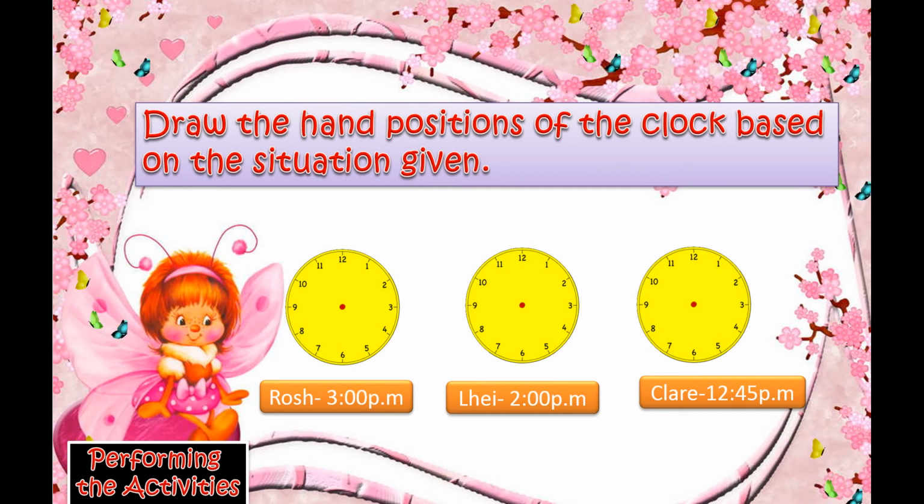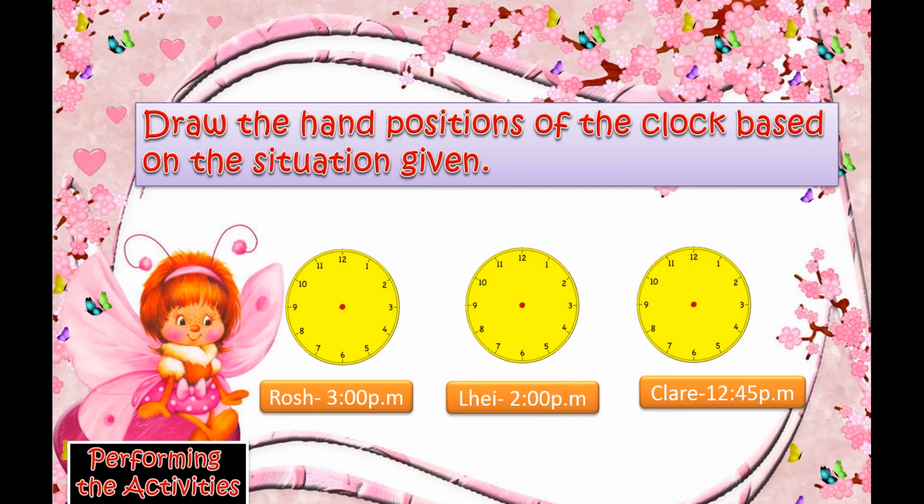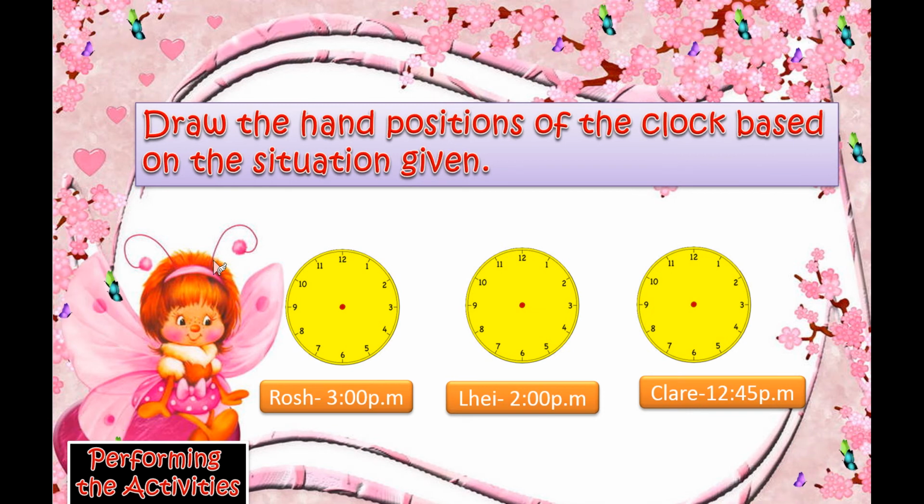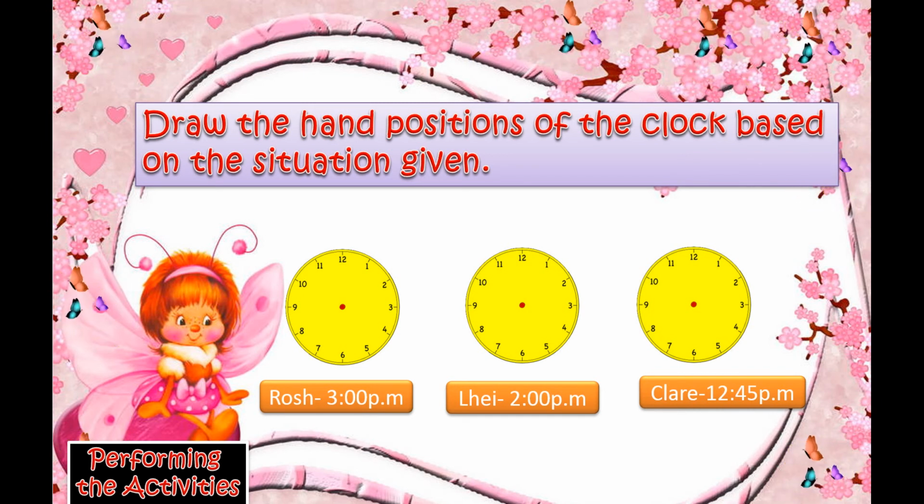Roche at 3 p.m., Leigh at 2 p.m., and Claire at 12:45 p.m. So we will check your answers after you draw the hand positions of the respective clock.